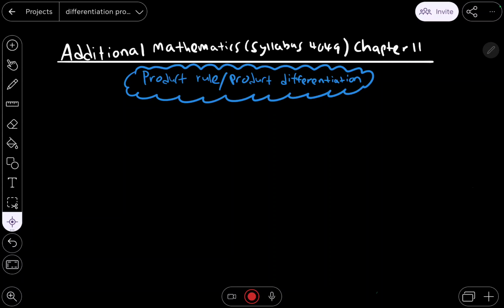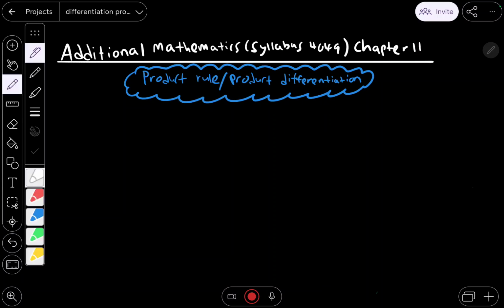Okay? So let me ask you a question again. What is one word that comes to your mind when you hear the word product rule or product differentiation? I'll give you some time to think about it, maybe about 10-20 seconds.